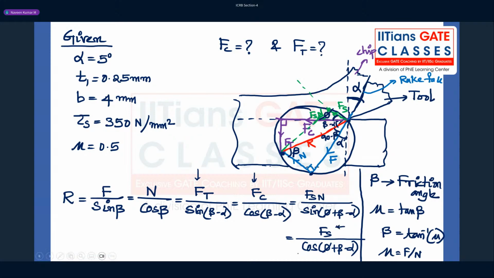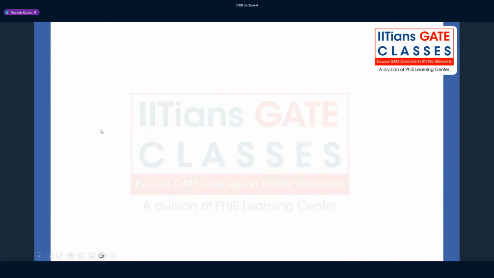That shear force we will get from the shear stress value. I'm not going to derive this again. The shear stress formula is shear force into sine phi divided by width of the chip into uncut chip thickness. That is the formula.